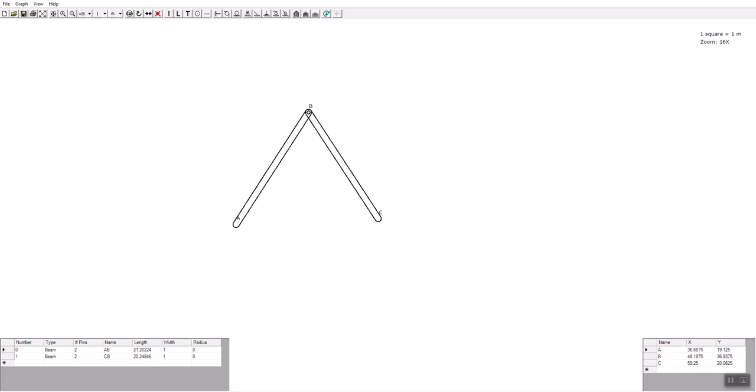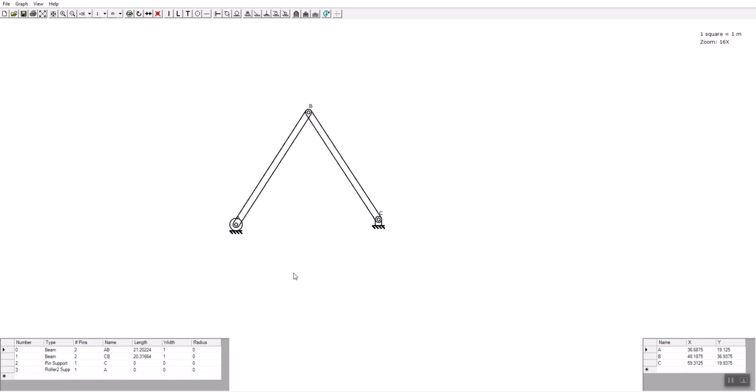Now we need to support them. At C, I am going to put a pin, and at A, I'm going to put a roller. So now our structure is built.